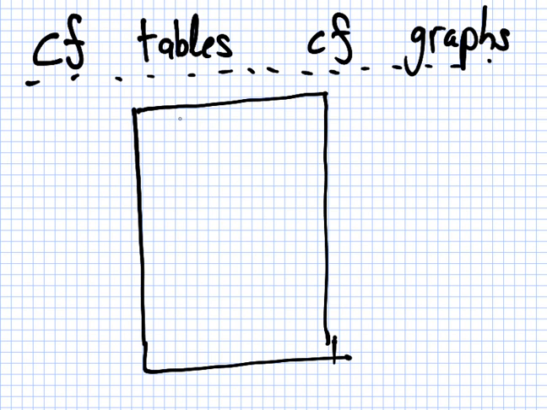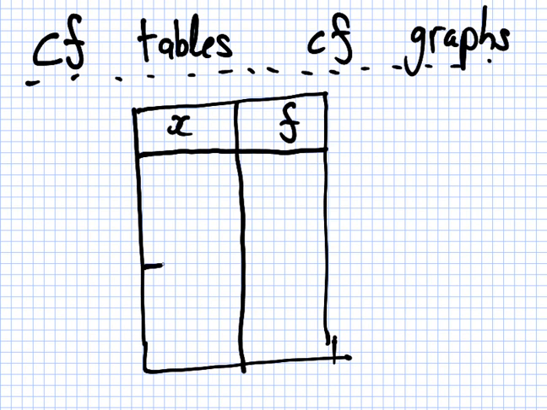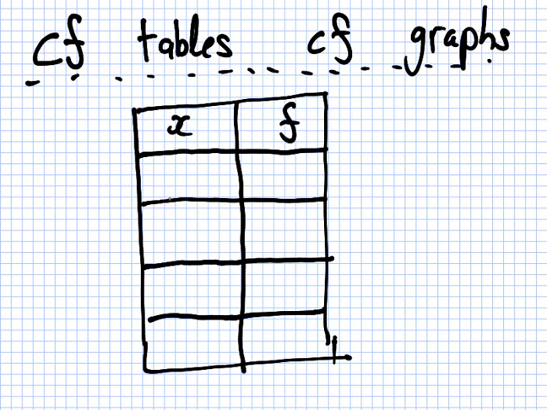So this can be our X and this can be our F. We'll just make it 4. So maybe this X here is, I don't know, a person's height or something. So this first bracket could be 130 to 139.